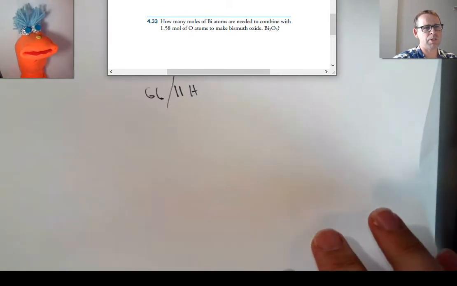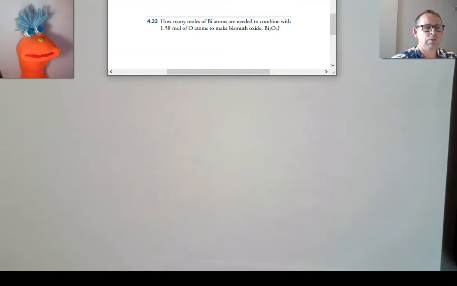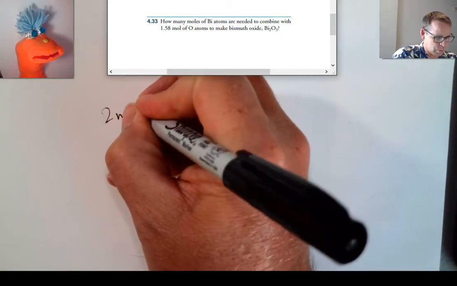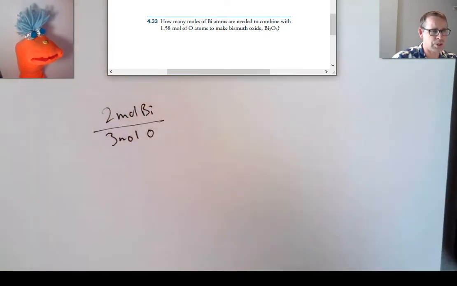So how many moles of bismuth are needed to combine with 1.58 moles of oxygen atoms to make bismuth oxide? Moles of bismuth. So it's 2 to 3, moles of bismuth per mole of oxygen. Very good. 2 moles of bismuth for every 3 moles of oxygen, right?